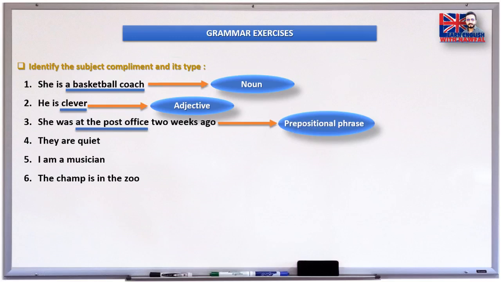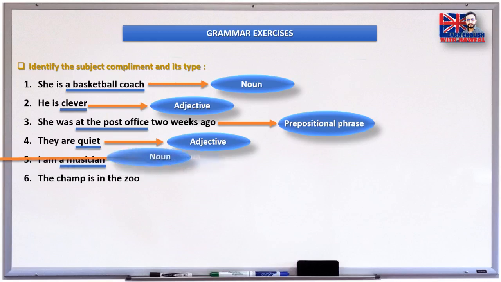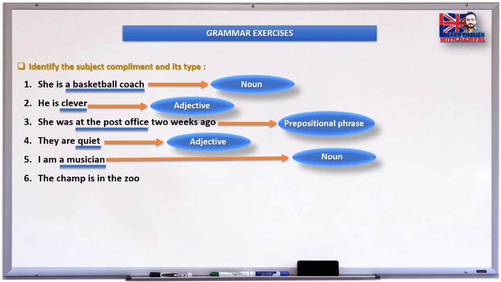They are quiet. Yes, quiet is the subject complement and it is an adjective. I am a musician. Yes, the subject complement is a musician and its type is a noun, and it is a common noun, of course.